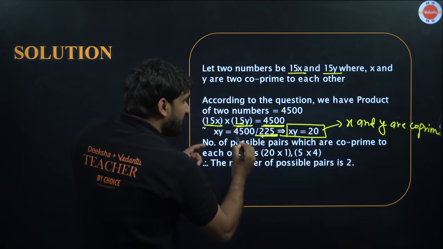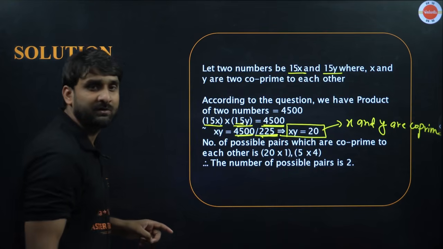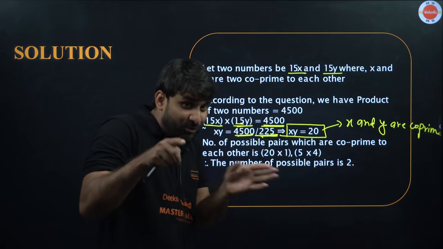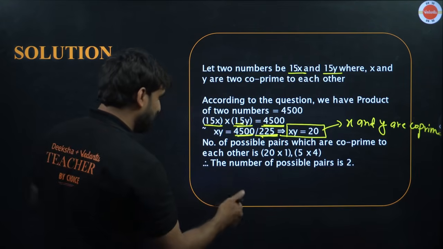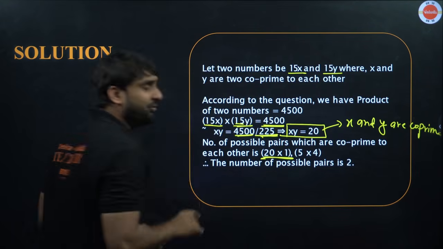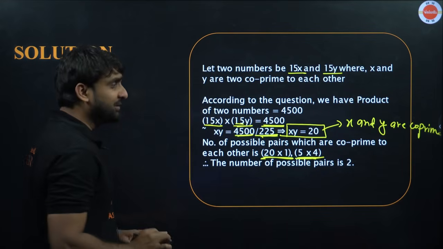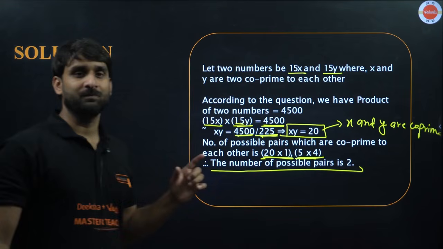After dividing 4500 by 225, we get 20. We have to find pairs of x and y whose product is 20, and both are co-prime. The first pair is 20 and 1, both co-prime, and 5 and 4, both co-prime. So how many pairs are there? There are only 2 possible pairs.